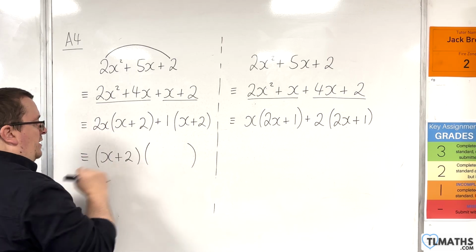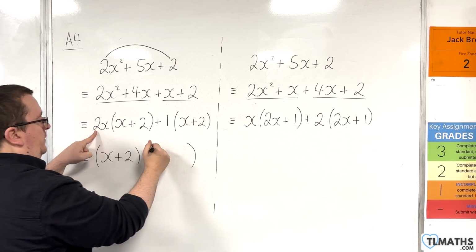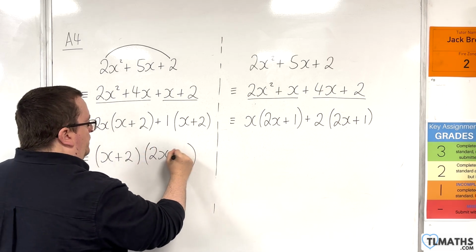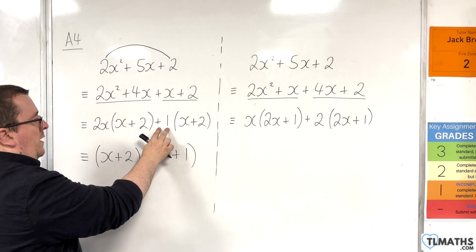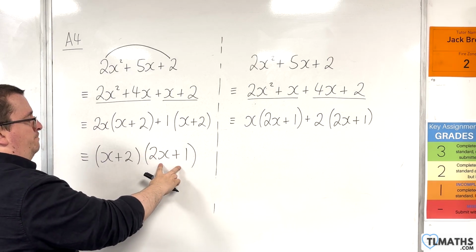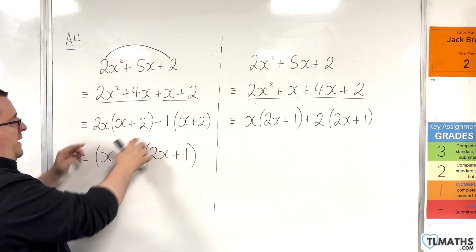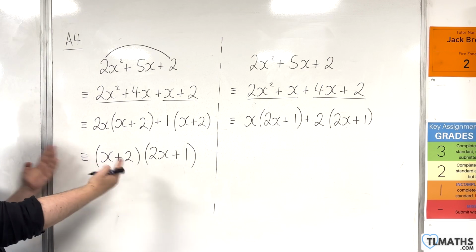And in our second bracket, well, I'd have to have x plus 2 times 2x and x plus 2 times 1. So the 2x plus 1 makes up the second bracket. So you'll have x plus 2 times 2x makes this term, x plus 2 times the 1 makes this term. And it is now factorised.